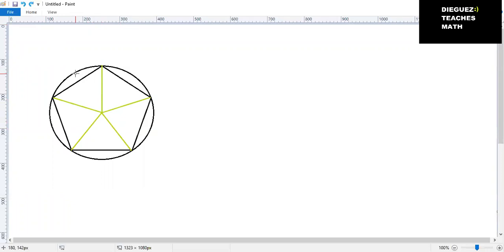So if I do 360 divided by 5, that should give me that measure there, right? So if I do that, I end up with 72. We actually have a formula for that. That formula is going to be 360 divided by n, which is the number of triangles or the number of sides, the same thing. So I use the formula 360 over 5, which gives me 72.